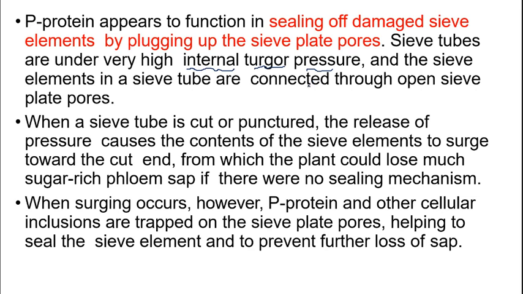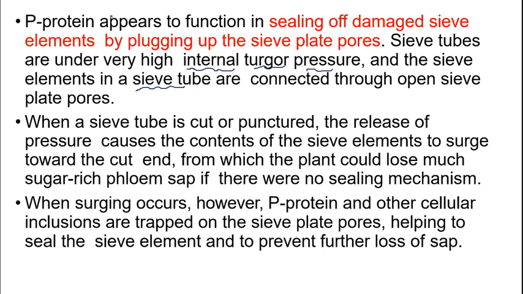Due to this there can be damage to the sieve tube, and the solutes can leak out, causing extra loss of solute because of the damage or injury in the sieve tube.